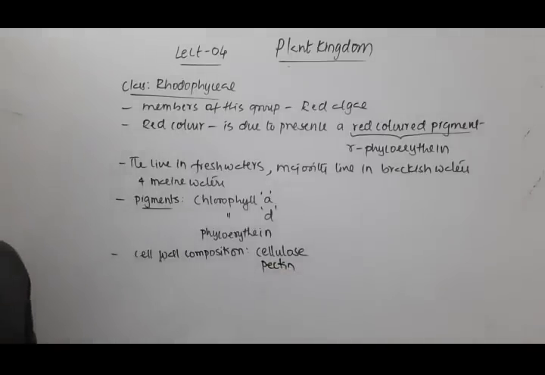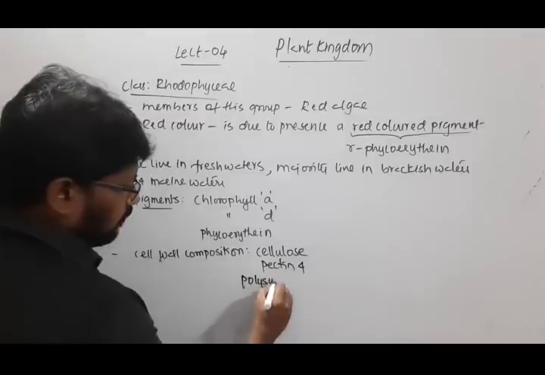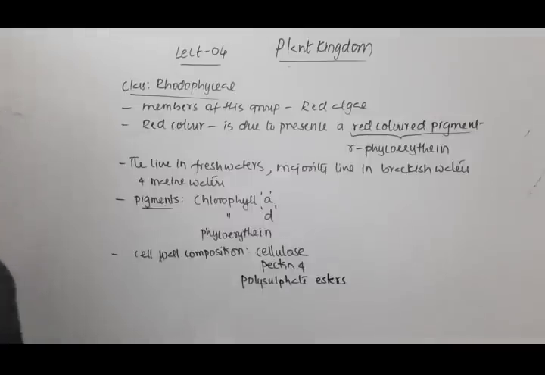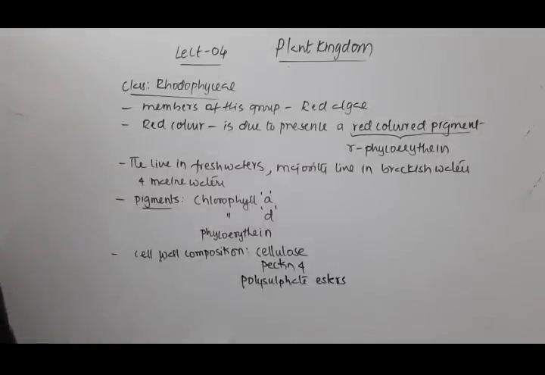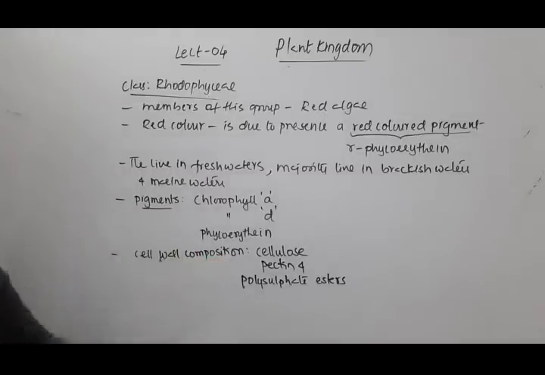Later, when we study higher plants, the cell wall is made up of many other different substances. It also consists of polysulfate esters. So this is the composition of the cell wall in this group, Rhodophyceae: cellulose, pectin, and polysulfate esters.